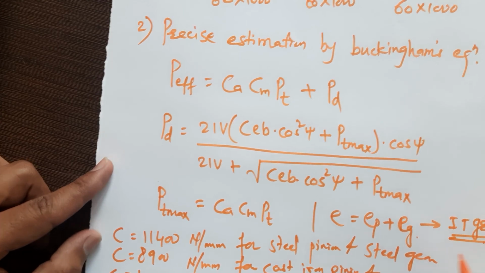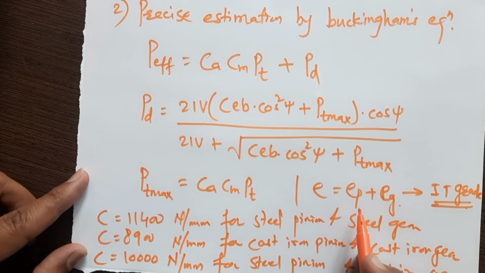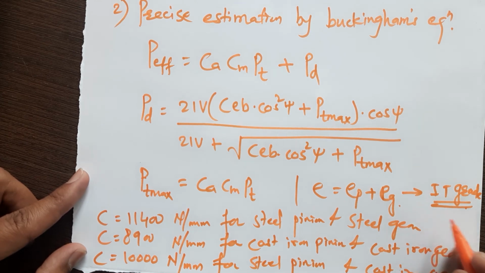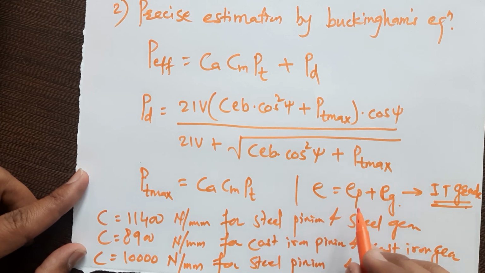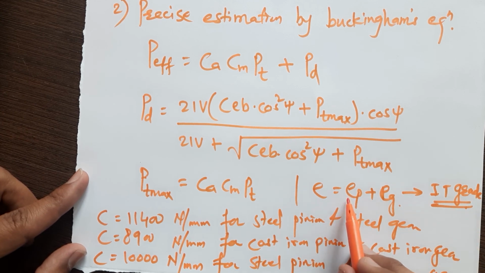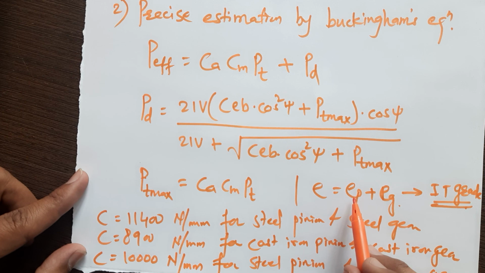Okay, so there are different formulas. You can refer the video for pitch error from the first unit. So from this you will get E. You have to use the same formula for pitch error, whatever we have discussed in the first unit. So according to IT grade you have to select the formula of E.